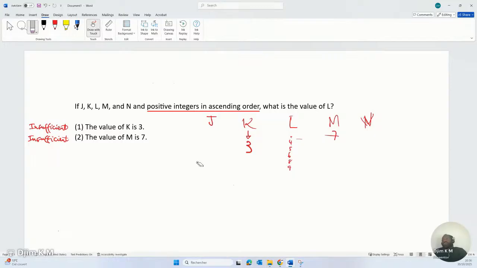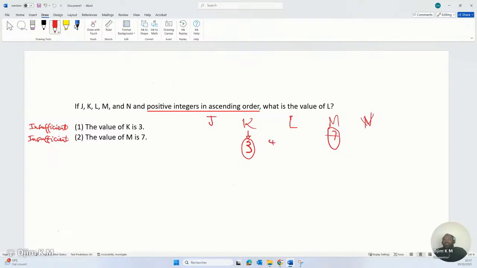Now, if we combine the two here, we will have this is equal to 3, this is equal to 7, and we know that it's ascending. L must be an integer that is greater than 3 and less than 7.